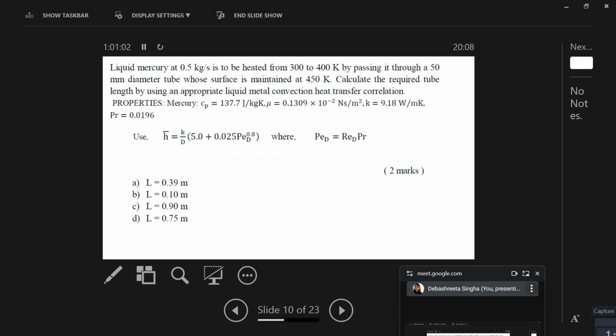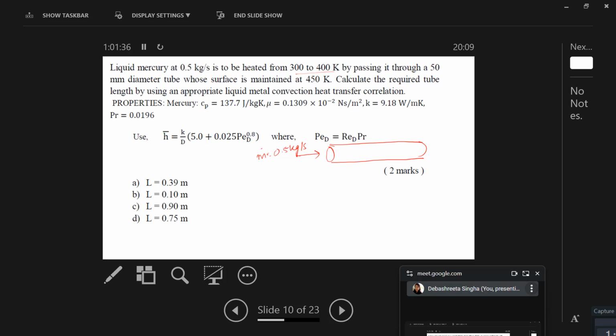Now we move on to the next question. Here liquid mercury at 0.5 kg per second is to be heated from 300 to 400 Kelvin by passing it through a 50 millimeter diameter tube whose surface is maintained at 450 Kelvin. Here the liquid mercury is flowing in the tube. m dot is equal to 0.5 kg per second.